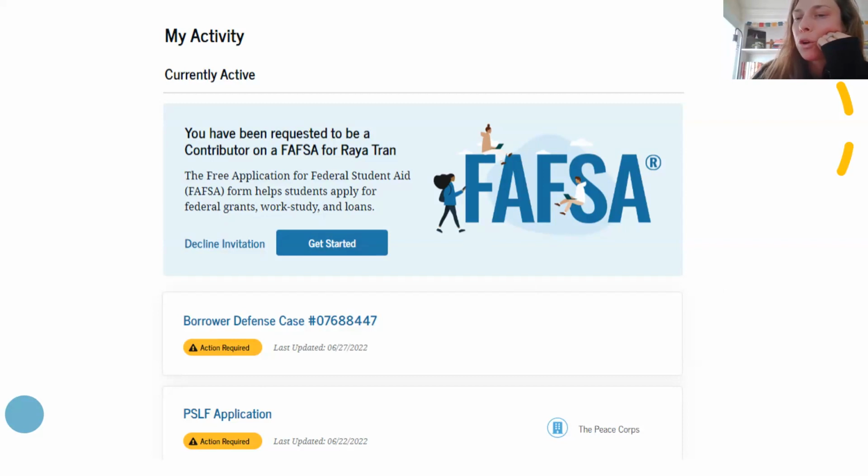This year and moving forward, they are not looking at physical custody, so it's no longer necessarily the parent who has physical custody of the student. It is supposed to be the parent who provided more than 50% of the financial support in the past 12 months. So in the case of divorced parents, the student and their parents would need to identify which parent provided more than 50% of the financial support.